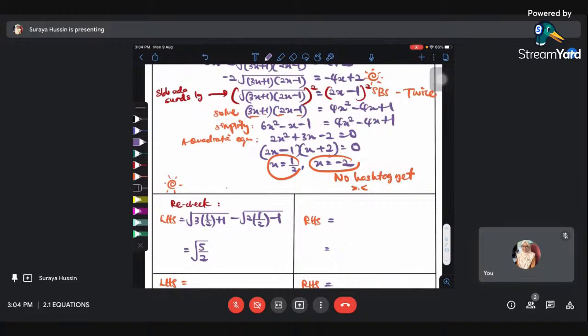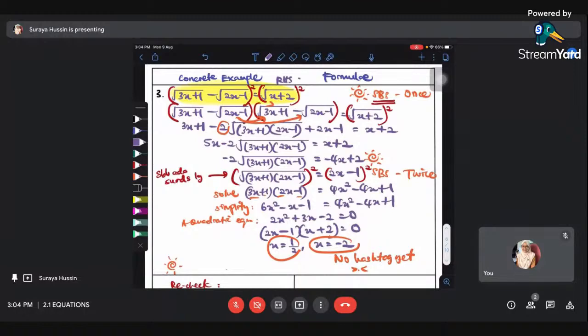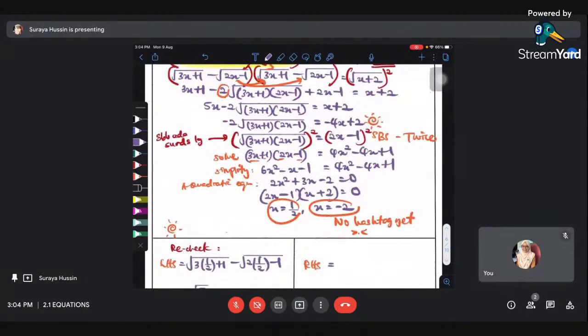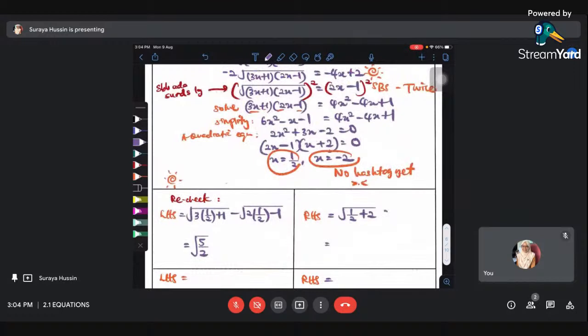No need. And then on the right hand side, square root x tambah 2 means square root 1/2 tambah 2. And then you got, oops, maybe I should write it down. And then you also got 5/2.